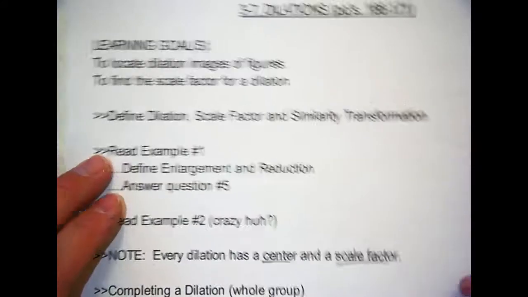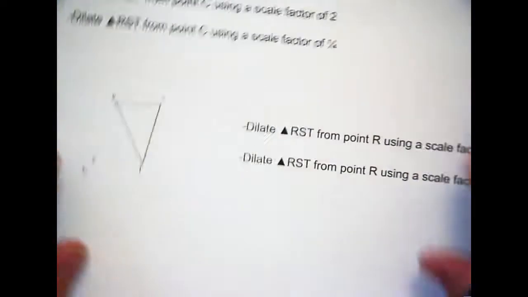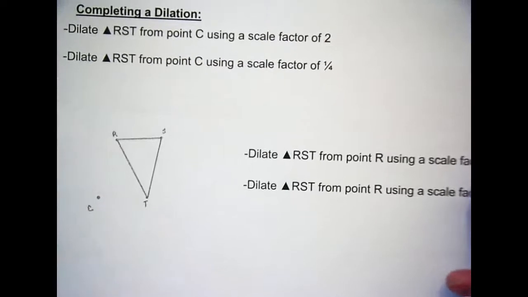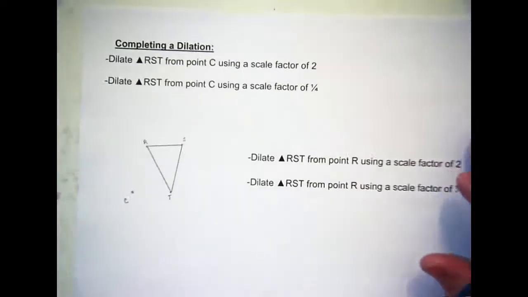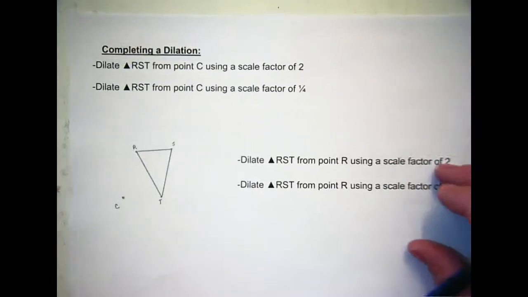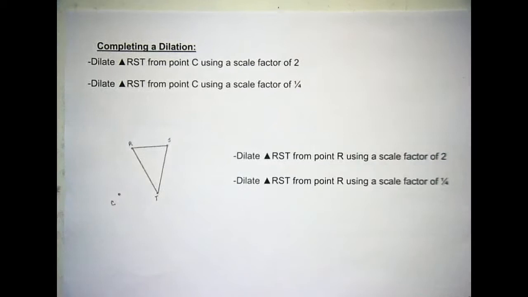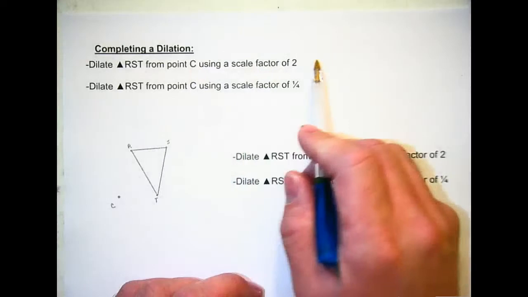All right, so let's go ahead and take a look at completing a dilation as a whole group. If you turn your sheet over, on the back of your note page today, you should have that shape. It says dilate triangle RST from point C using a scale factor of 2.